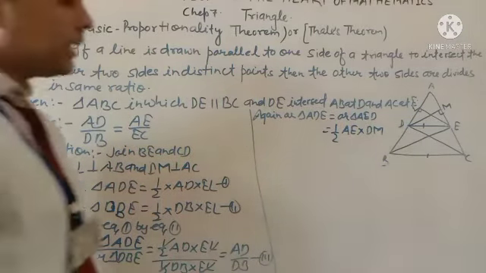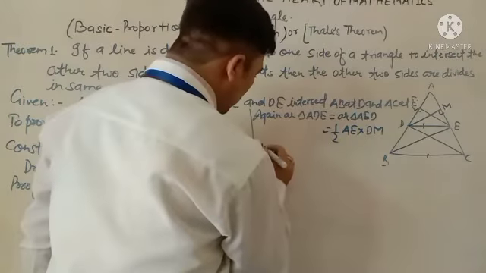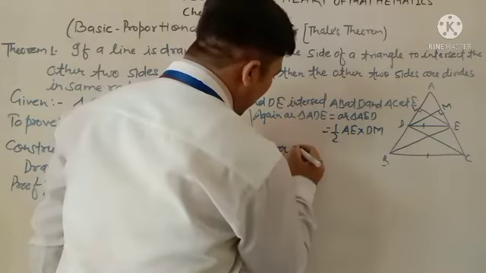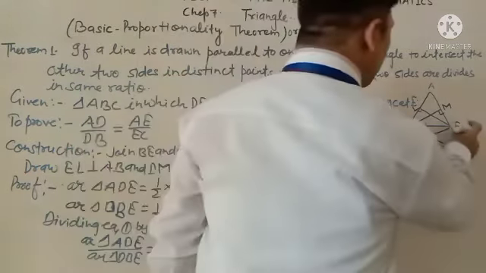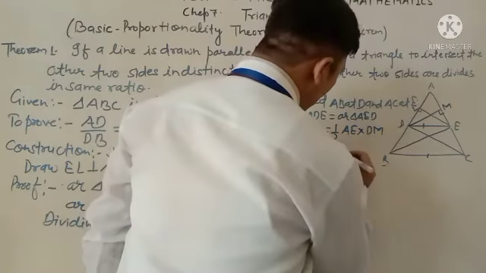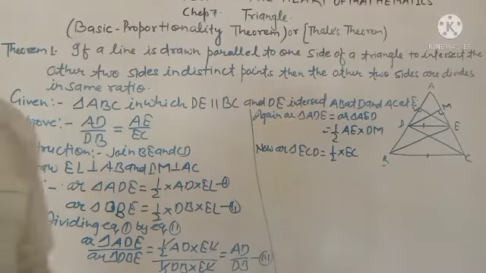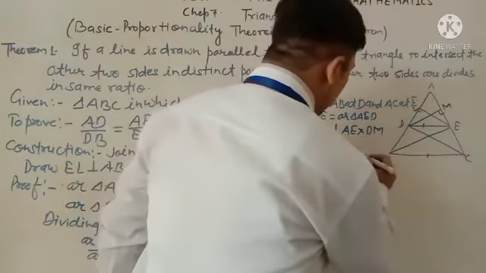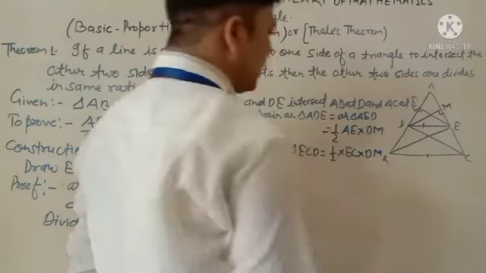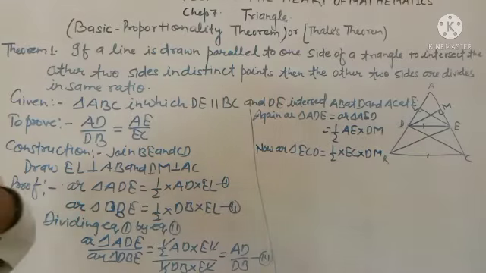Now area of triangle ECD. EC is the base. This is half EC into corresponding altitude. DM is the corresponding altitude. This is half EC into DM.